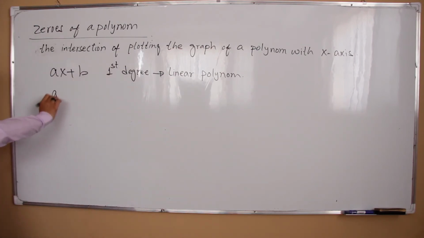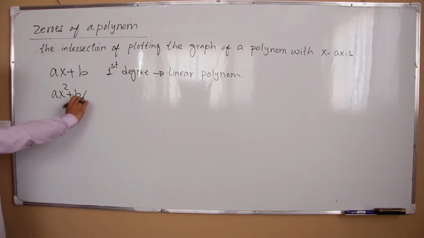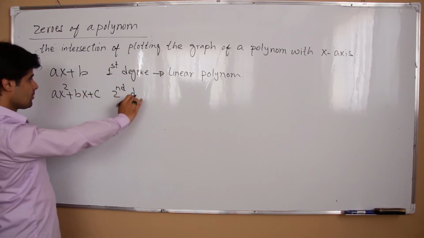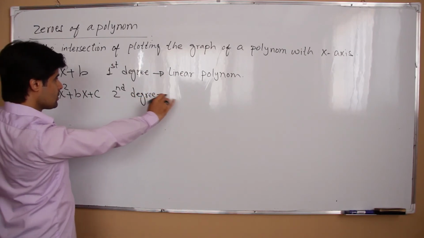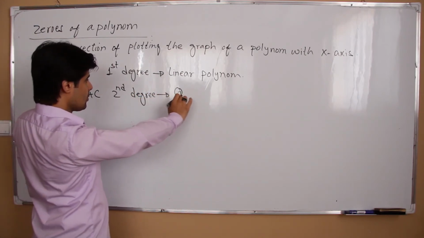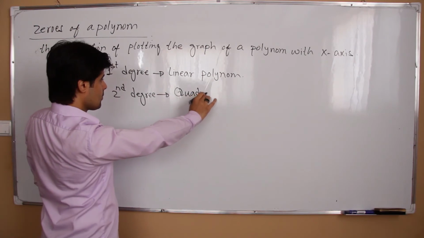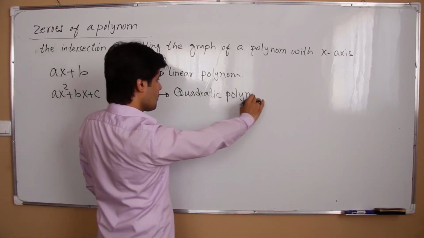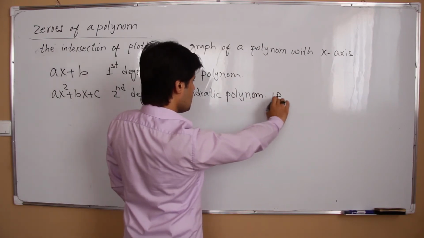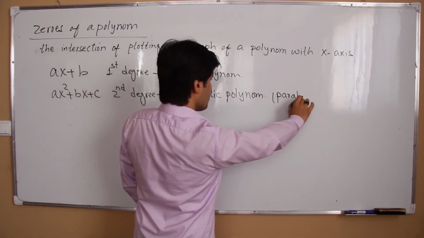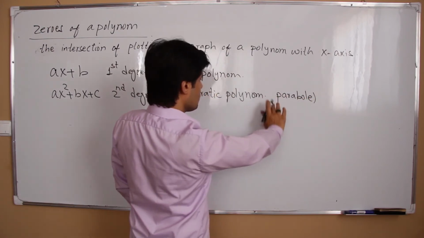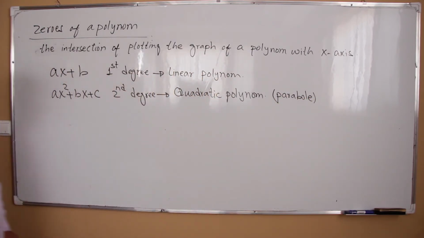If we have ax squared plus bx plus c, this is second degree. Second degree is also called quadratic polynomial, or we can say the graph generally makes a parabola. So it's called parabolic also.